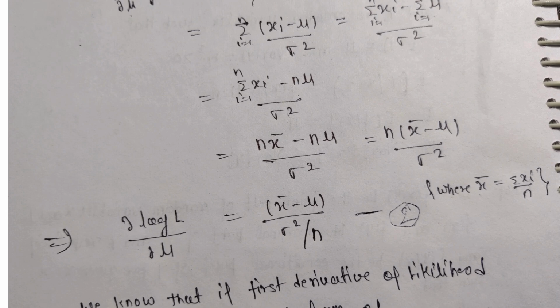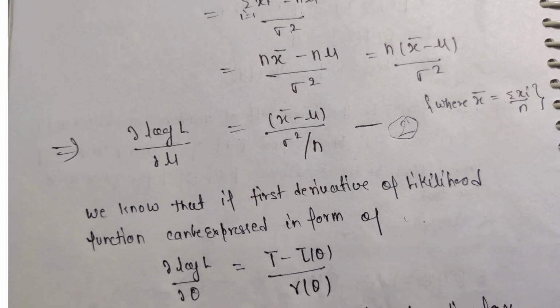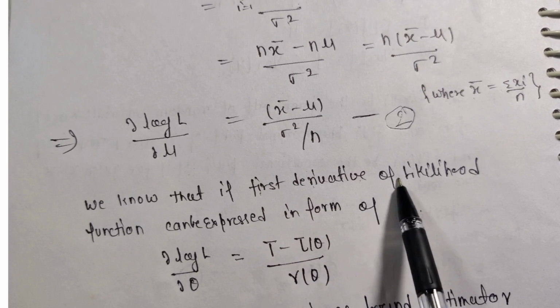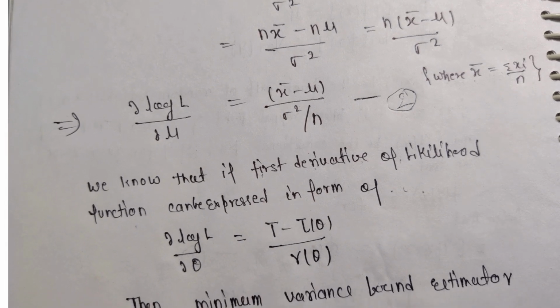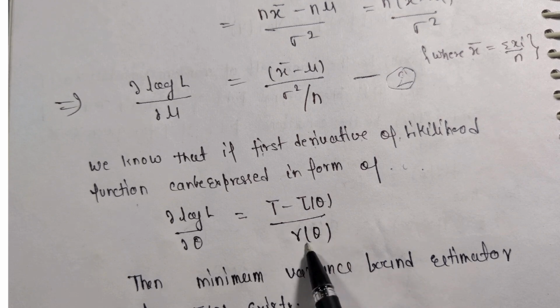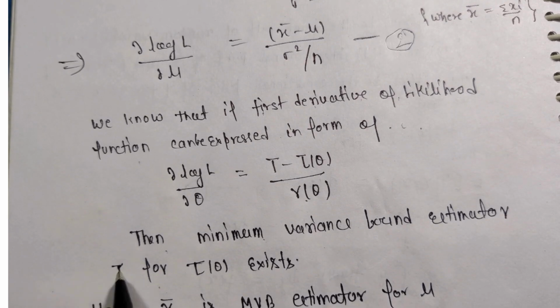Okay, and we know that from the Cramer Rao inequality, if the first derivative of the log likelihood function can be expressed in the form del log L by del theta is equal to (t minus tau theta) upon gamma theta, then the minimum variance bound estimator t for tau theta exists.